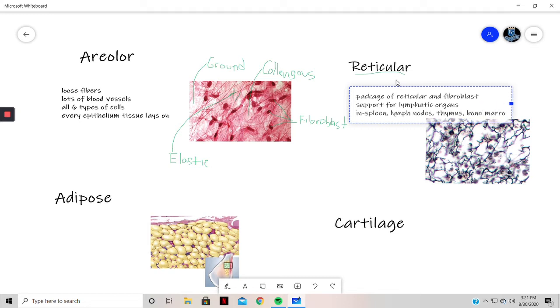Bone marrow, and again, that's associated with kind of that cleansing, healing aspect of everything. So that's reticular tissue.